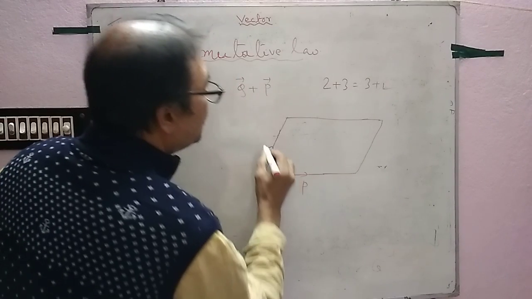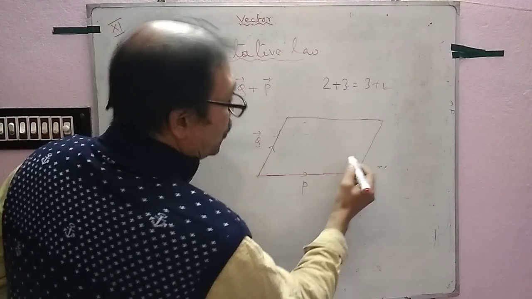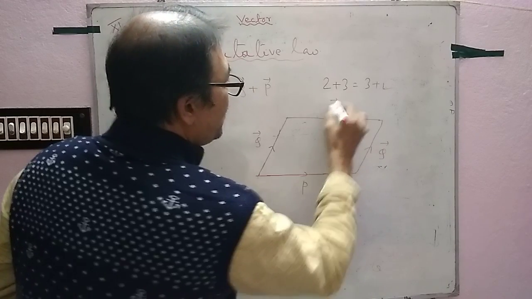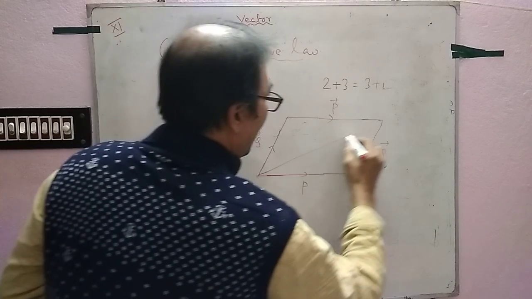This is P, this is Q. So this side also Q, this side also P. So this is the diagonal.